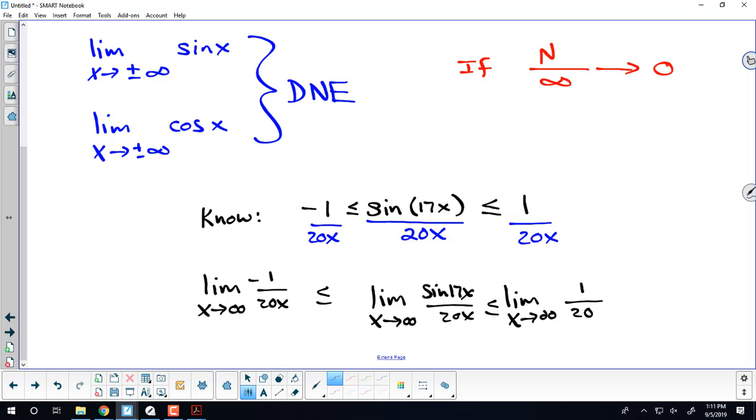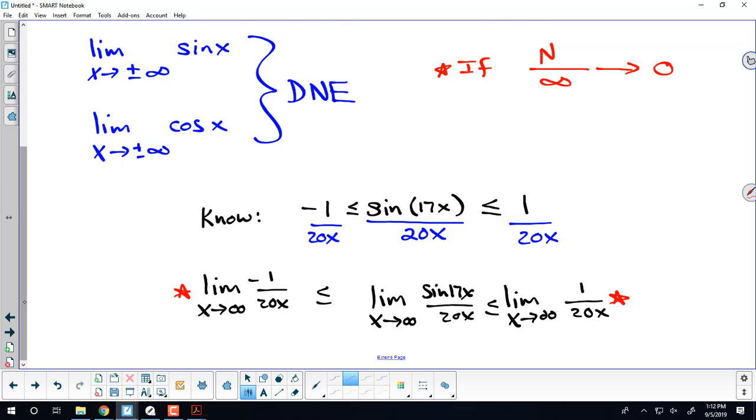So do we have something definite on our ends? The limit as x approaches infinity for -1 over 20x or +1 over 20x. Okay. Which one? 0. Okay, 0, yeah. And so I'll just star these two here on the end and reference back up here.